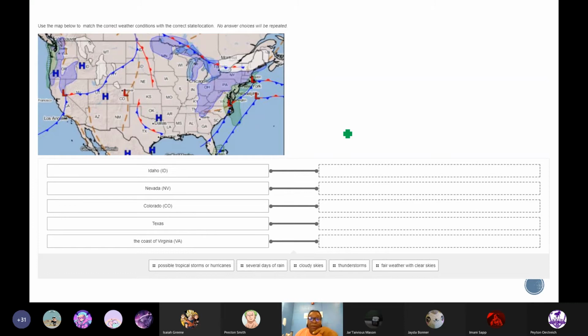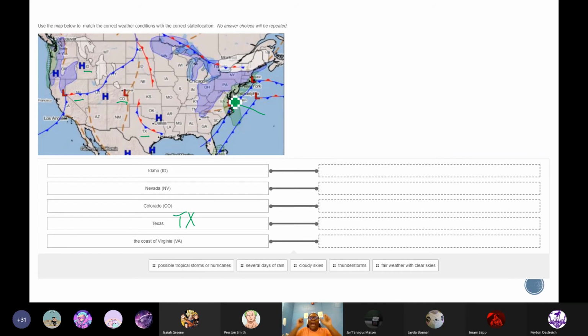Here are some things to think about if you're doing your second attempt. I want to make sure I'm looking at the correct areas. Idaho, this is Nevada, NV, Colorado, CO, Texas, TX, and the coast of Virginia is where that black line is over here by VA. That's where the beach is, coast, okay?